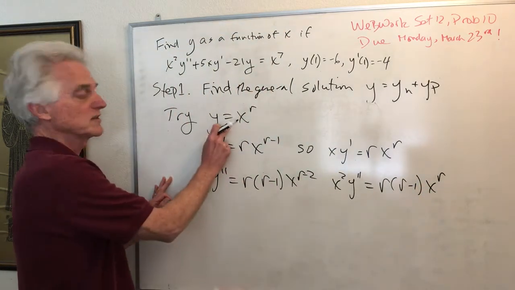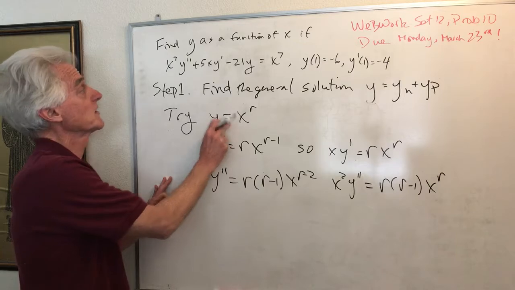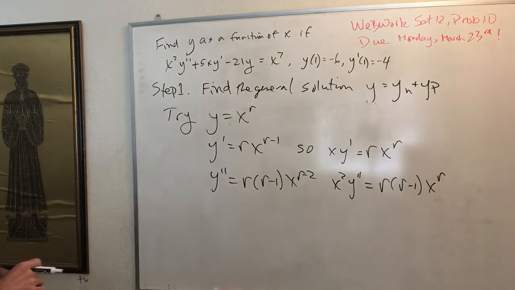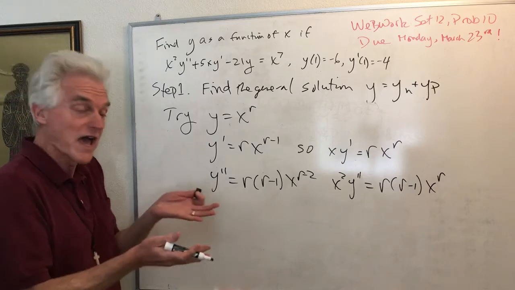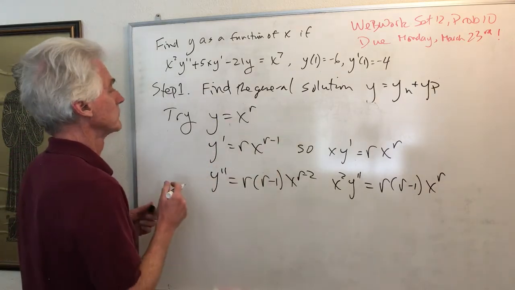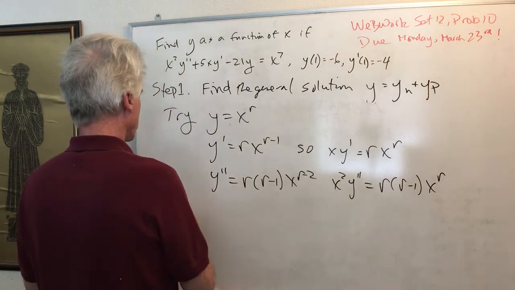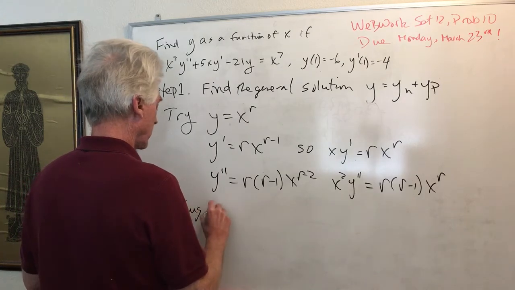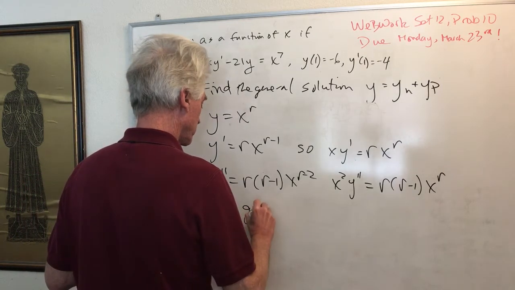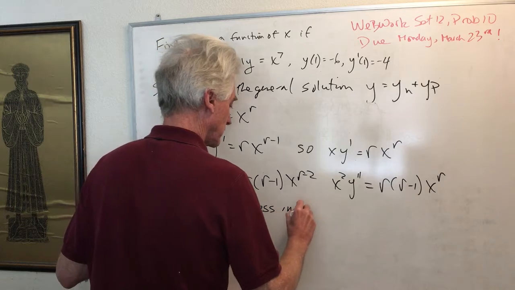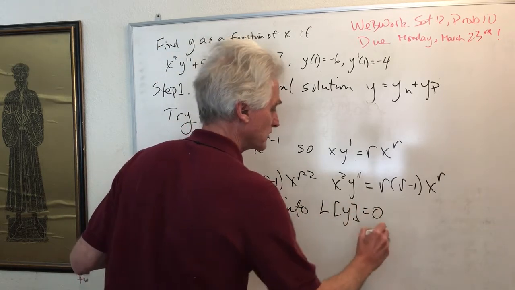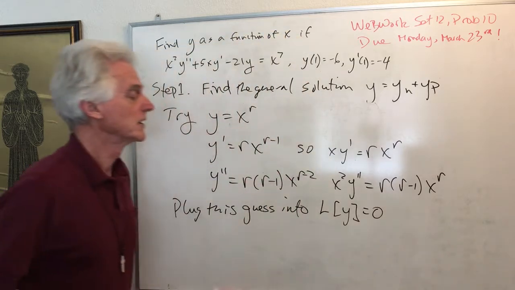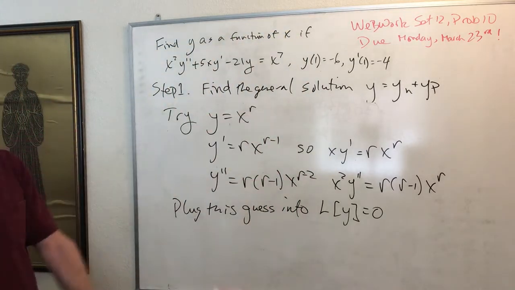So if I plug this type of function, y equals x to the r, into the left-hand side, I get some mess times x to the r. Okay, so you plug this guess into Ly equals 0. I'm trying to find yh now.